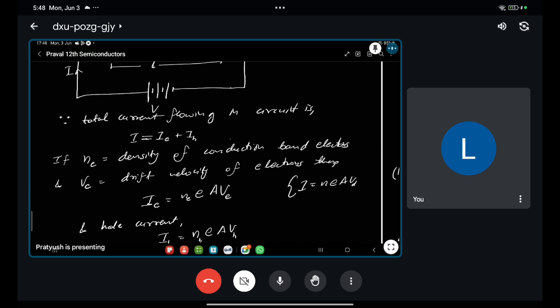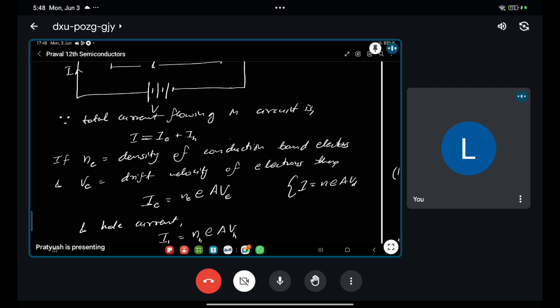Where Ve is the drift velocity, e is the charge of an electron, A is the area of cross section, and Ne is the number of free electrons.